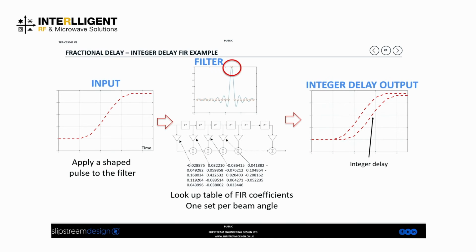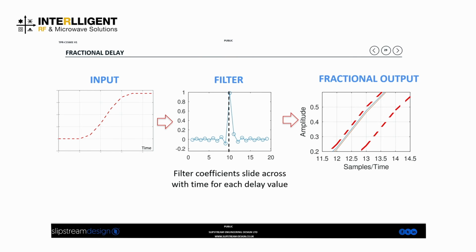I have an example here of an integer delay. On the left, it's effectively a pulse going into our filter, and we're set here for integer delay, and we just move that sinc function from one sample to the next, and we can achieve this level of integer delay. But what this plot shows is that with the impulse response in the digital domain, we can slide the impulse response along in time arbitrarily.